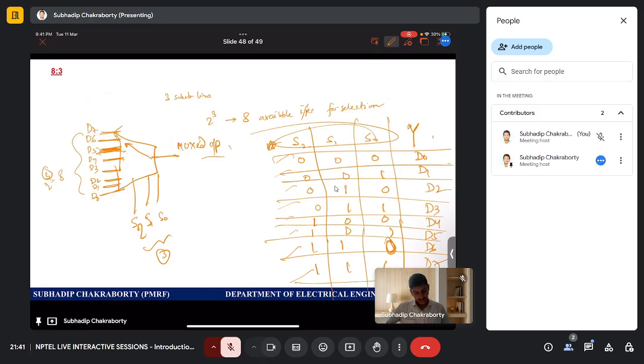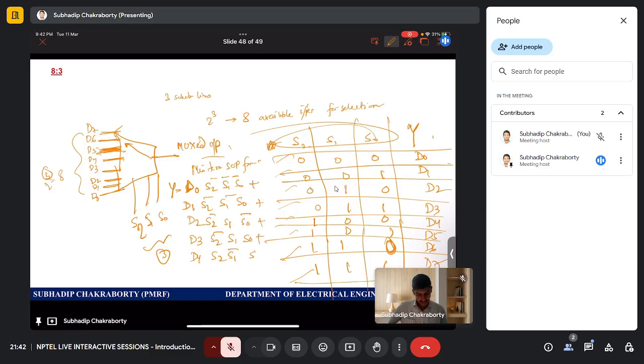You can write it in minterm SOP form as Y equals D0 into S2 bar S1 bar S0 bar, plus D1 into S2 bar S1 bar S0, plus D2 into S2 bar S1 S0 bar, plus D3 into S2 bar S1 S0, plus D4 into S2 S1 bar S0 bar, plus D5 into S2 S1 bar S0, plus D6 into S2 S1 S0 bar, plus D7 into S2 S1 S0.